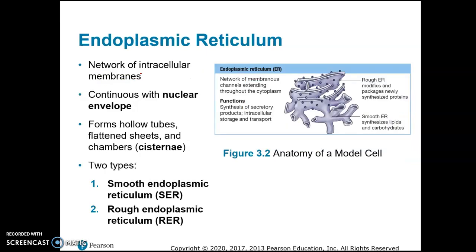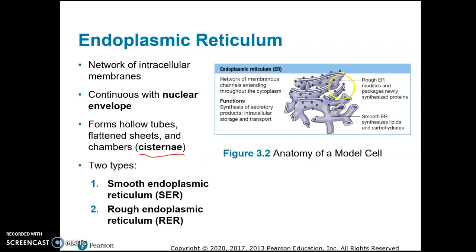The endoplasmic reticulum is continuous with the nuclear envelope. So you have a nucleus inside the cell, and it's got endoplasmic reticulum attached to it. And the endoplasmic reticulum forms these channels and chambers called cisternae. There are two types. There's the smooth ER and the rough ER.